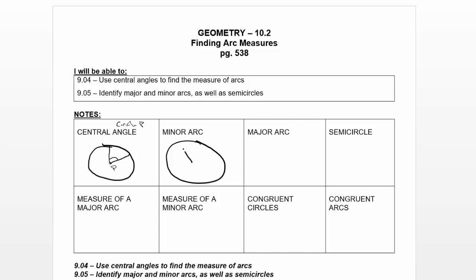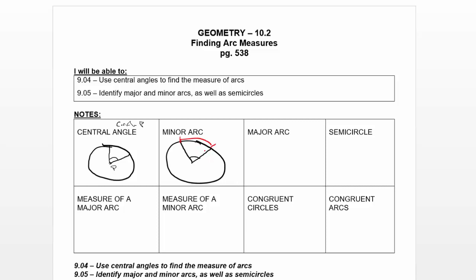If we have a central angle, and this central angle is intercepting or hitting the circle, we say that this minor arc is a part of the circle that is in between these two. So this chunk of the circle, oh boy, it's deleting what I want. This chunk of the circle, we say is the minor arc, this part that I tried to overlap.